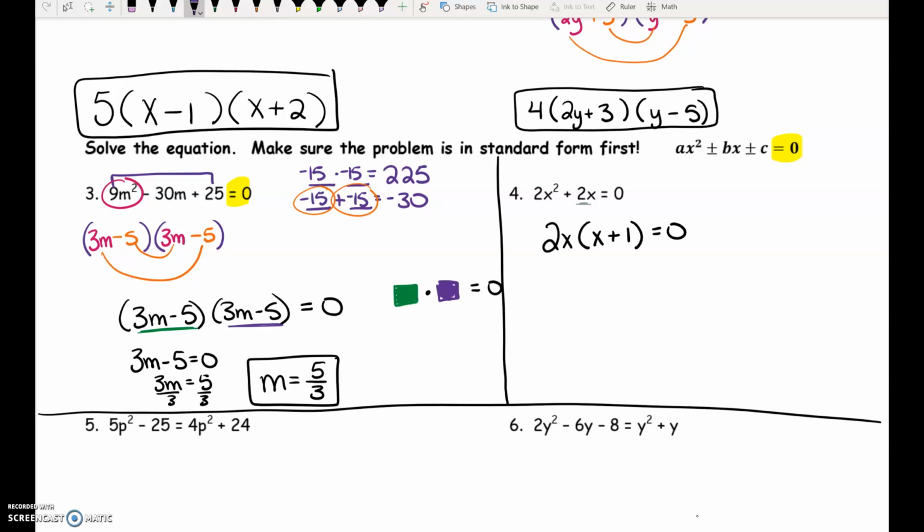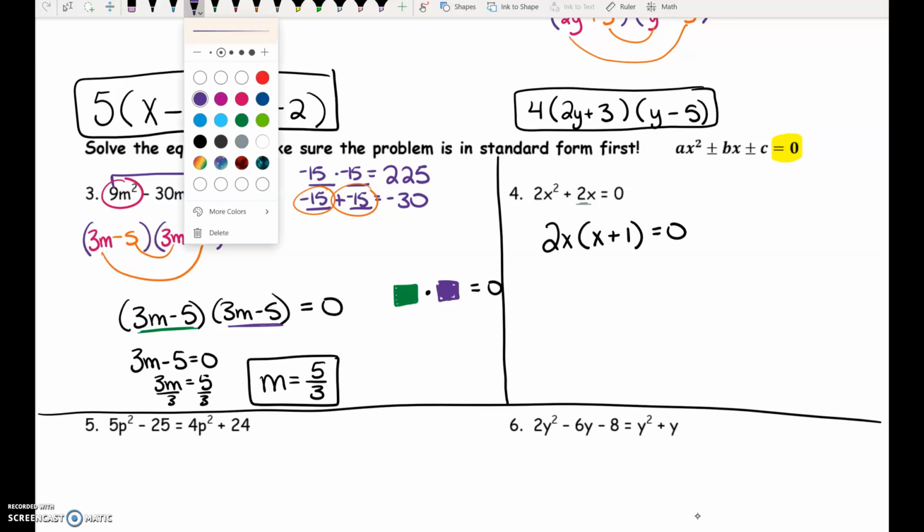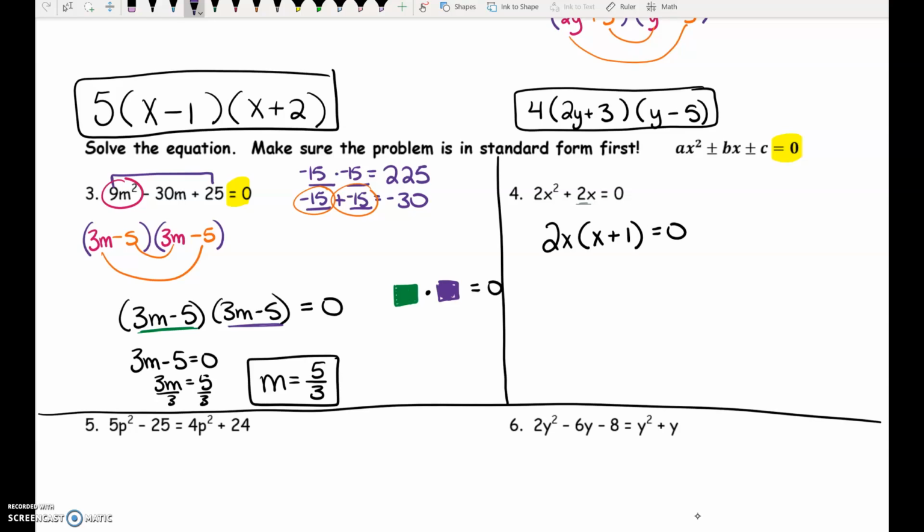Okay, this one, it's done. There's no more factoring that we can do. And this one's a little bit weird because it doesn't have 2 sets of parentheses. So this time, the purple card is the 2x, and the green card is the x plus 1. So if the purple card equals 0, 2x has to equal 0.